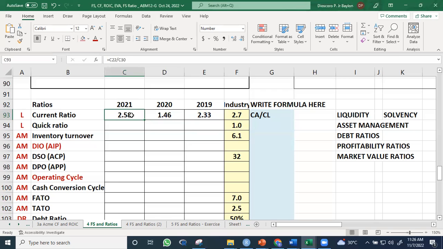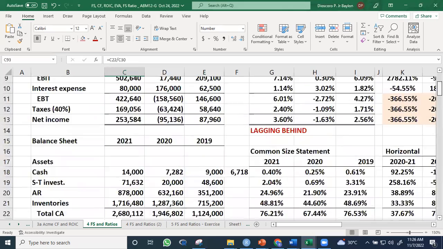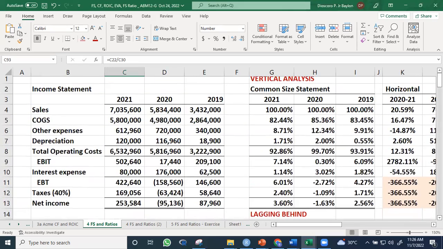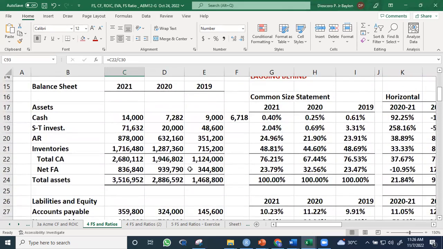Now, to look at it deeper, we need to look at the quality of your current assets. Because if we take a look at current assets, a big chunk of it is tied up to inventories. And we know that if this is a manufacturing company, we need to look at what kind of inventory this is.